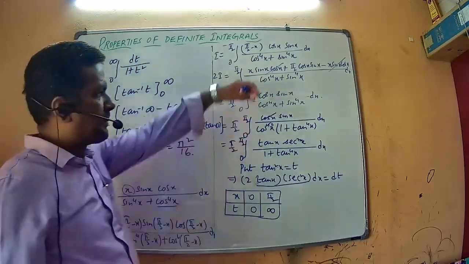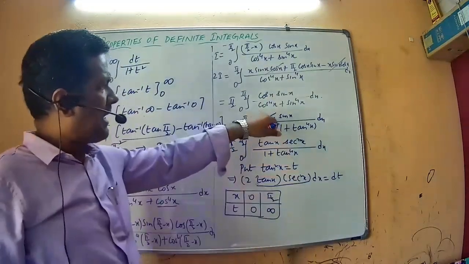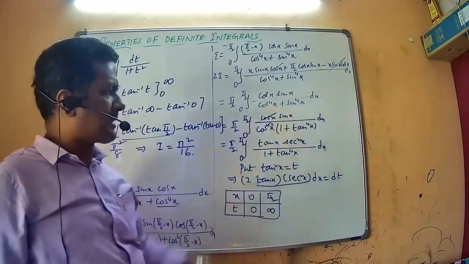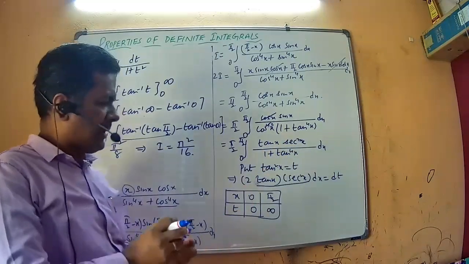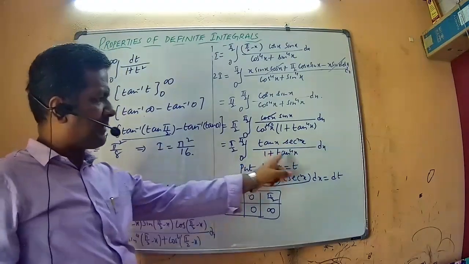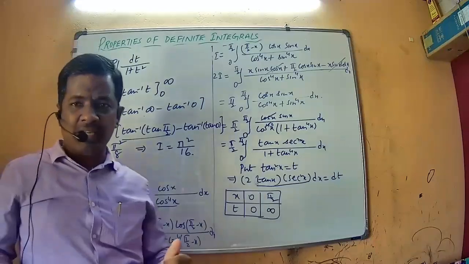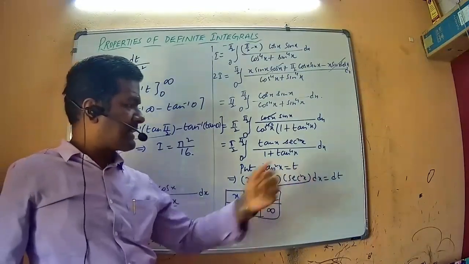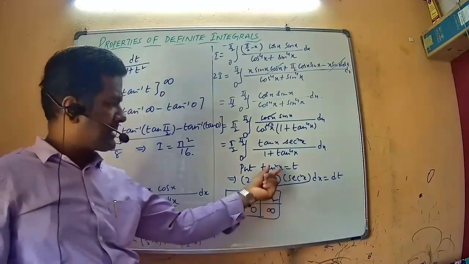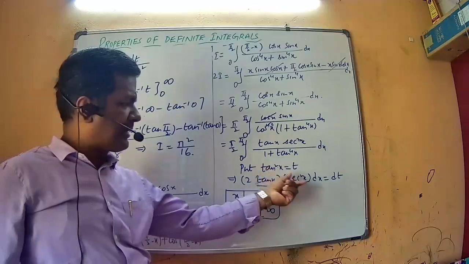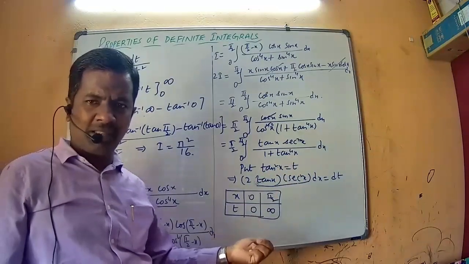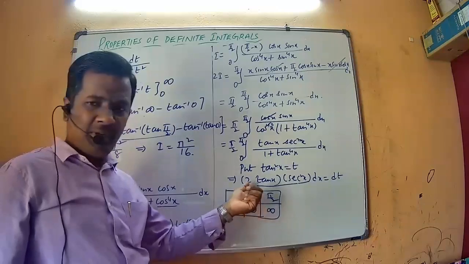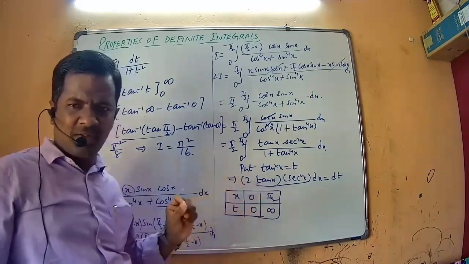So after applying the property once, I have taken cos power 4x common. I am left with tan x into secant square x in the numerator, while the denominator is 1 plus tan power 4x. Then I substituted tan square x as t. Its derivative is 2 tan x into derivative of tan x, which is secant square x. In the substitution method, in definite integrals, limits also will change.